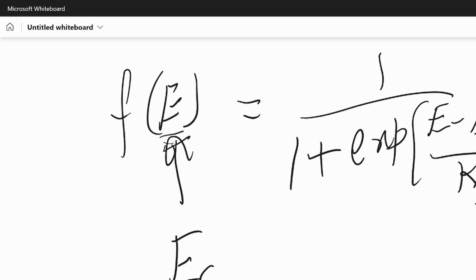The Fermi level gives the probabilistic distribution of the electrons in the conduction band and holes in the valence band. By definition, the Fermi level at any temperature is the energy at which the probability of finding an electron is 50%. That is the Fermi energy level.